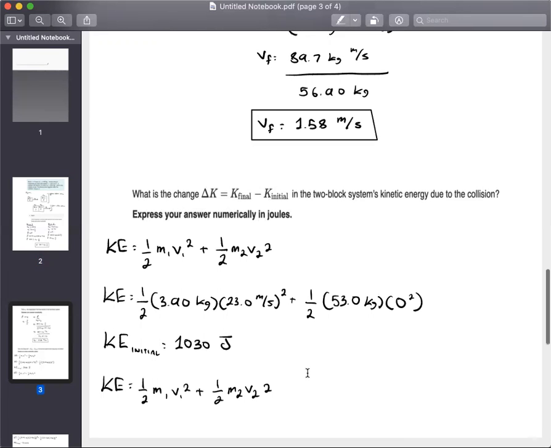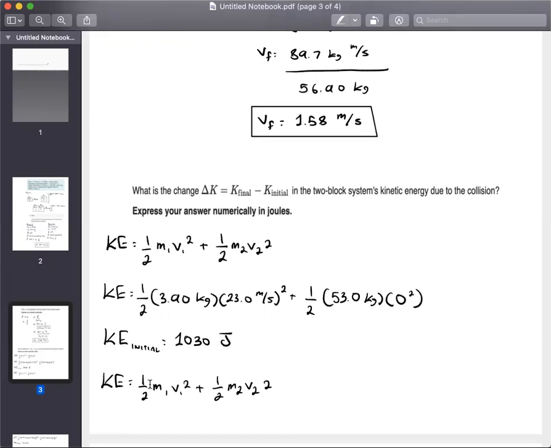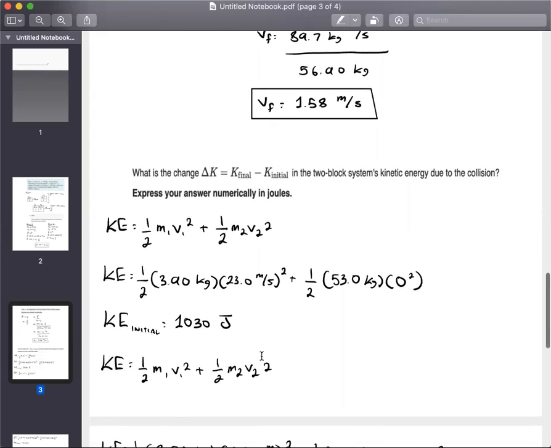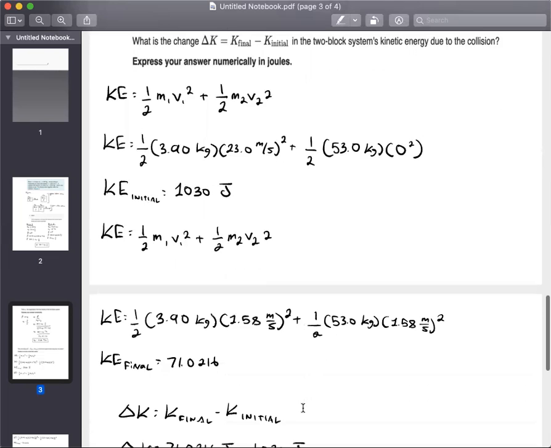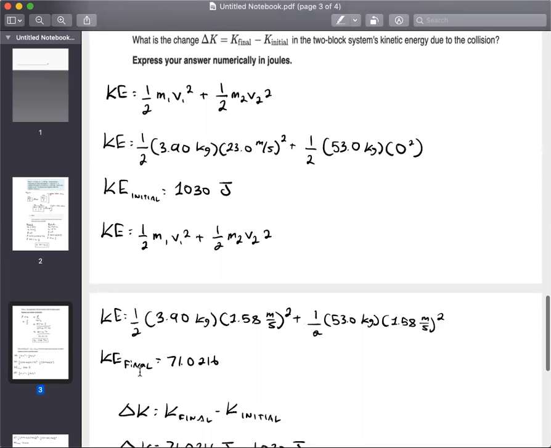I did the same thing to find the final kinetic energy, except this time we're using the same velocity for both portions of the equation for block 1 and block 2, since the final kinetic energy pertains to the two-block system, and the two-block system has one final velocity, which is 1.58 meters per second. Plugging in those values, I got a final kinetic energy of 71.0216 joules.